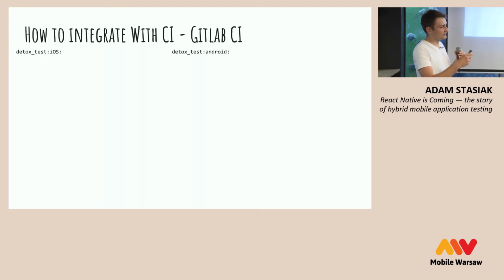I will present the content of the GITLAB CI YAML file. It's a file used for declaring jobs that are executed on CI infrastructure. So we start in the GITLAB CI YAML file, declaring jobs. We can call this Detox test iOS and Android. We will put these jobs inside stage test because it's testing.